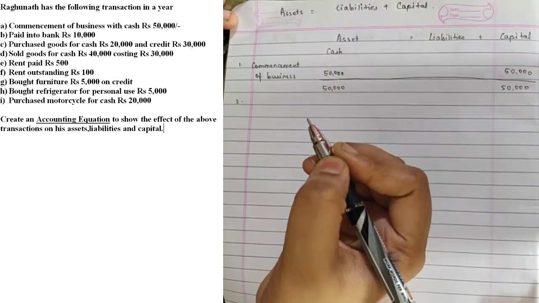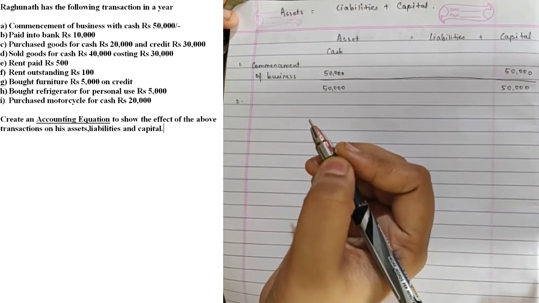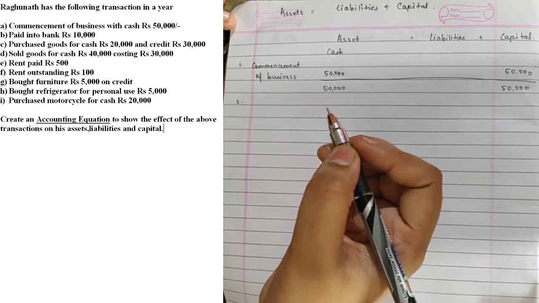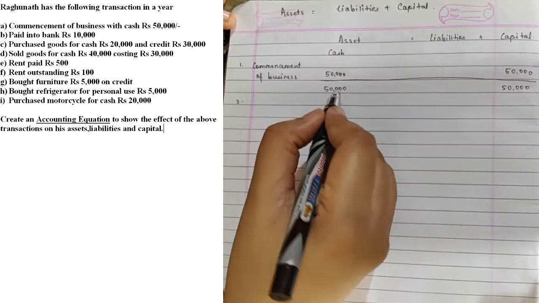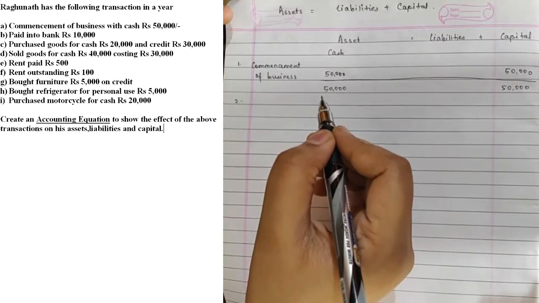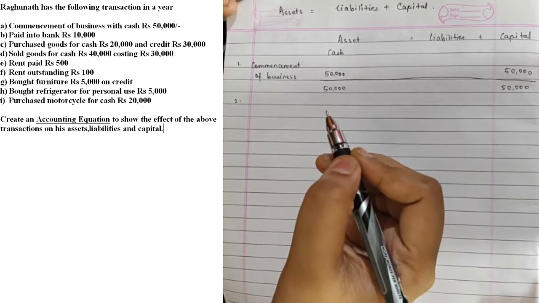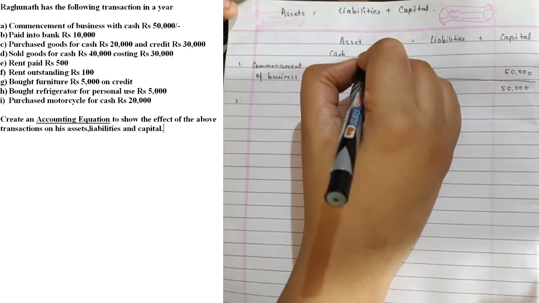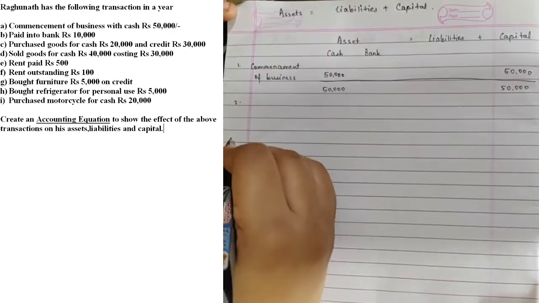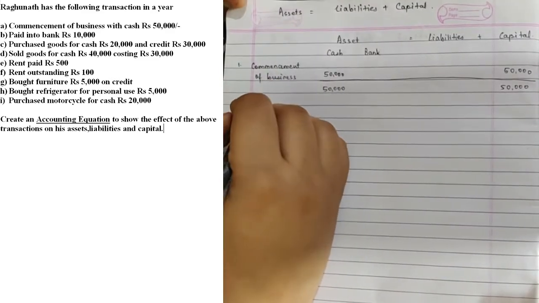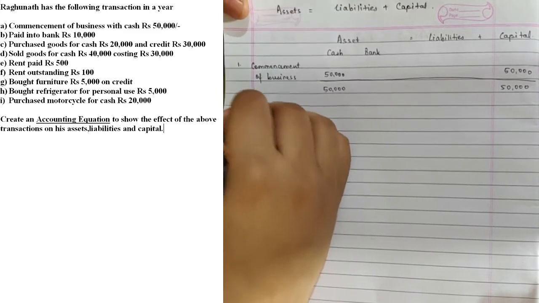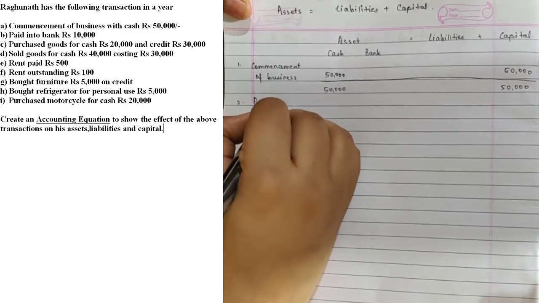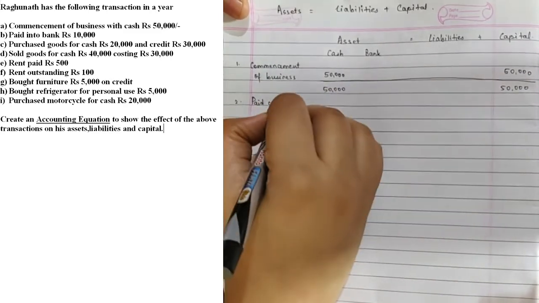Now, the second transaction is paid into bank rupees 10,000. So, he had 50,000 worth of cash. Out of these 50,000, he deposited 10,000 into the bank. So, cash in bank is my next asset. So, paid cash into bank.